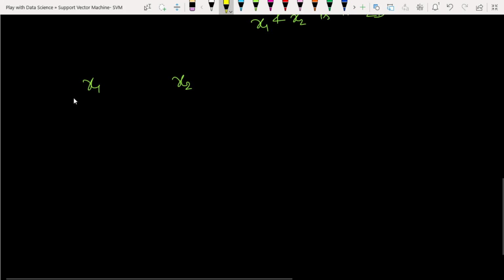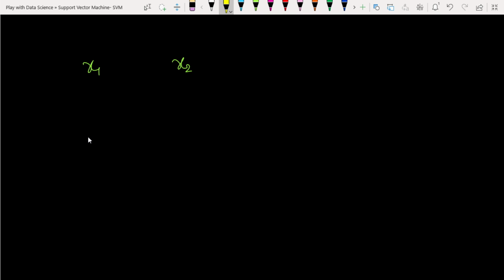Okay, just write this thing. Here we are converting x1 and x2 to x1 dash and x2 dash. Here we are using feature transformations. This one is 2D, this thing is 6D.